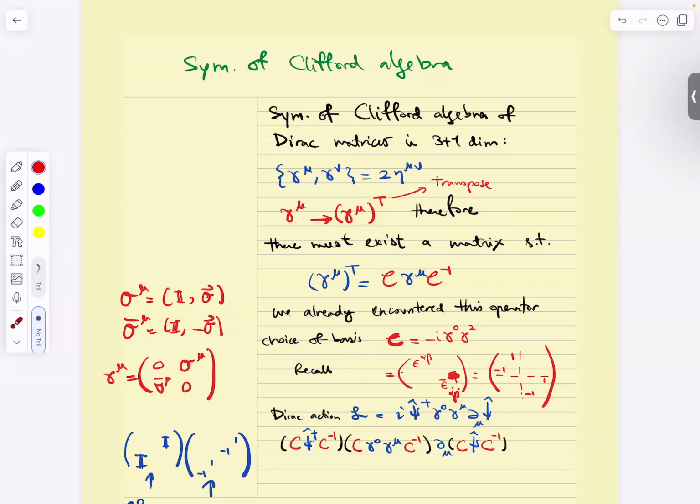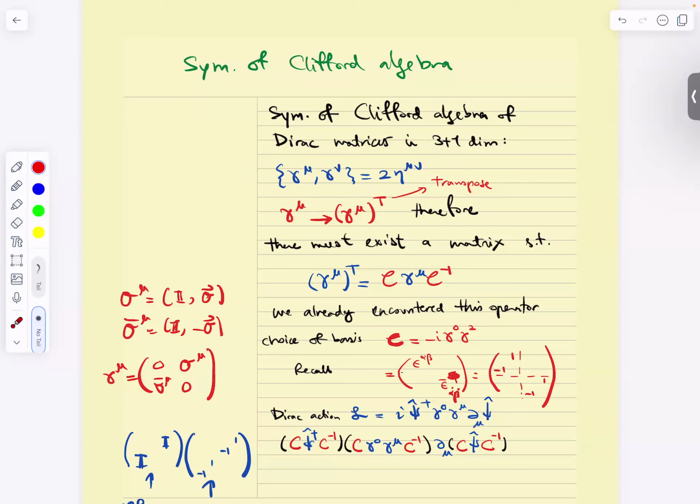Notice that this action on the space is pretty trivial. The origin of that in representation theory could be traced to the following statement. Remember that at the end of all that song and dance of our representation theory, we said at the end of the day, we're going to build a representation by finding gamma matrices.